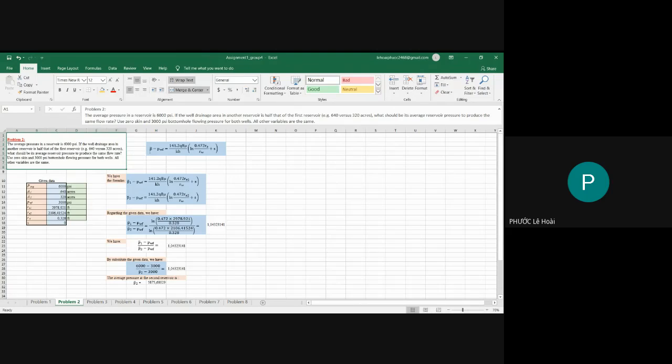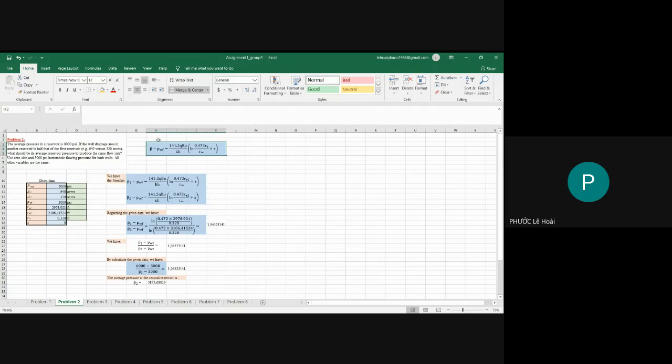So we will use the same formula from problem 1 here, but in this case we must calculate the two wells for the two formulas here. Then we will replace the numbers to calculate the logarithm of it.